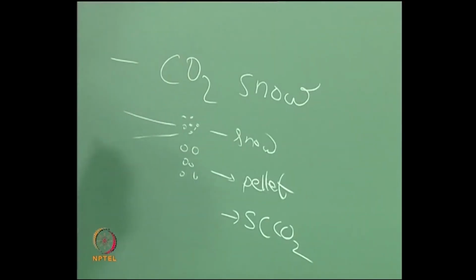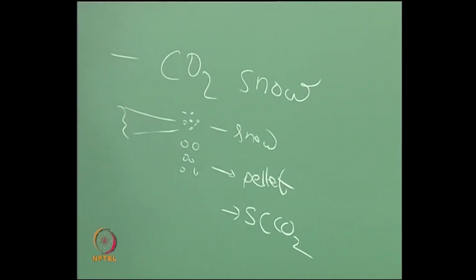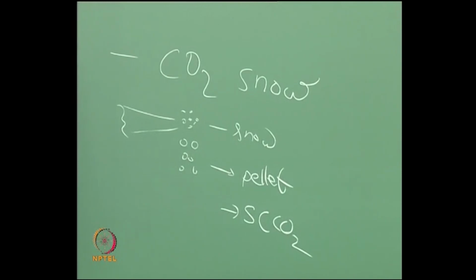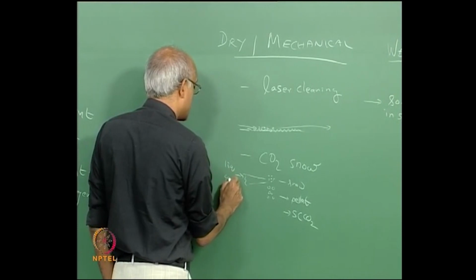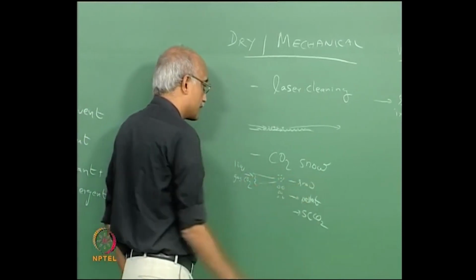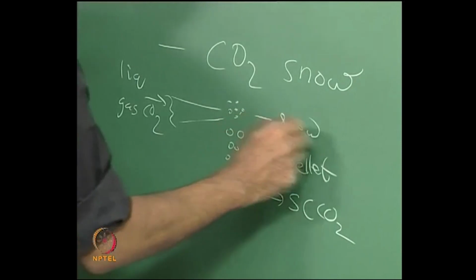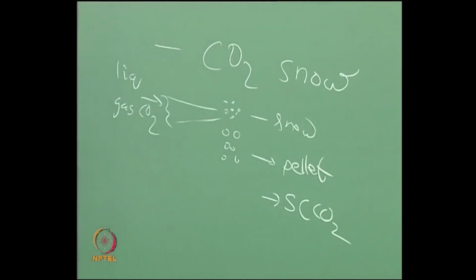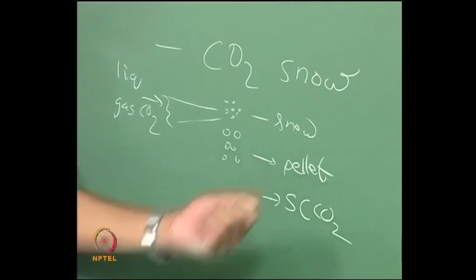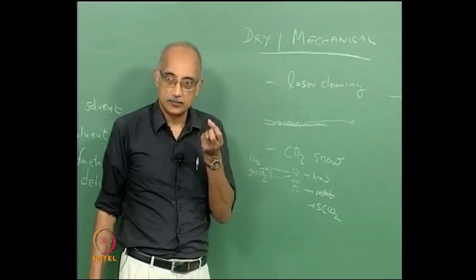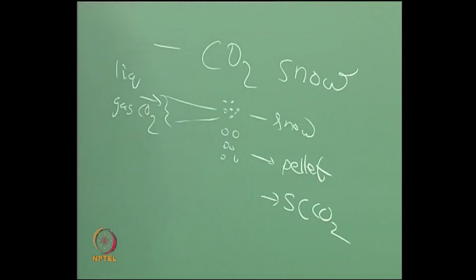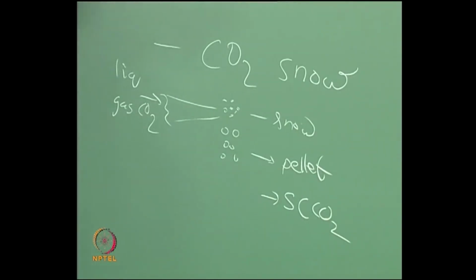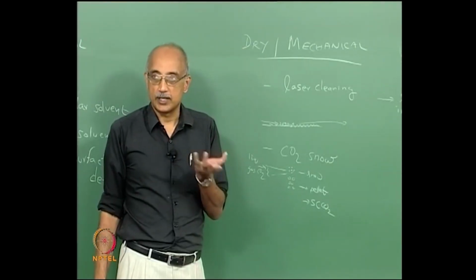So simply by controlling your expansion process, by controlling the design of the nozzle, you can feed in liquid or gaseous CO2 and produce either CO2 snow, which is very, very fine flakes of carbon dioxide, or CO2 pellets, which are larger sized solid carbon dioxide, or a fluid supercritical CO2, which has essentially the density of a liquid but the diffusivity of a gas.